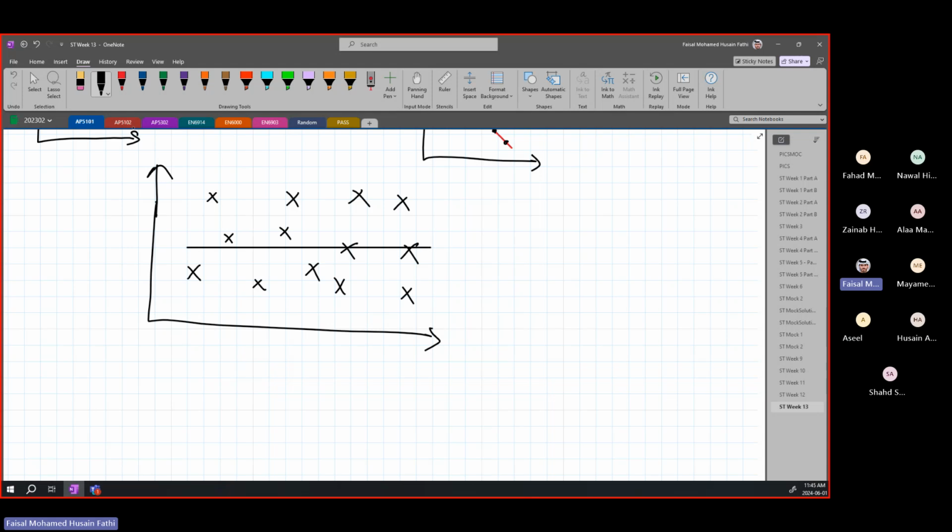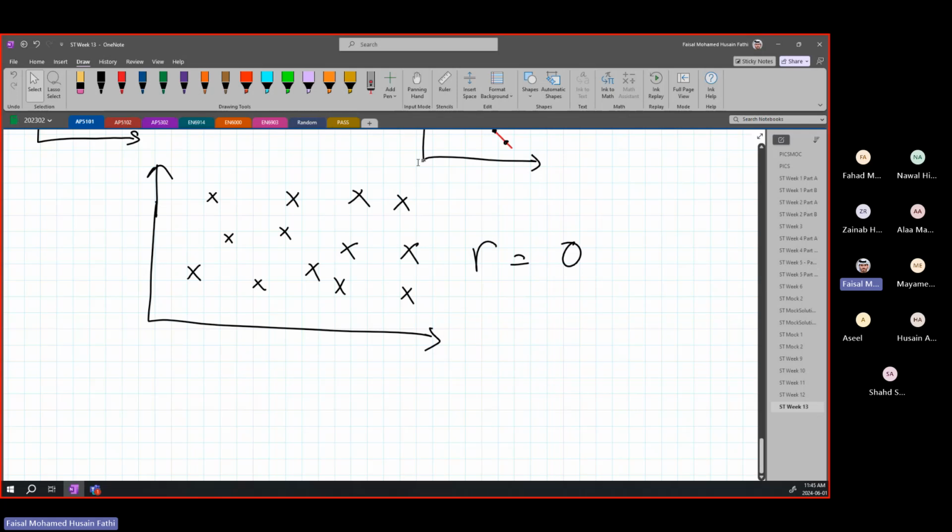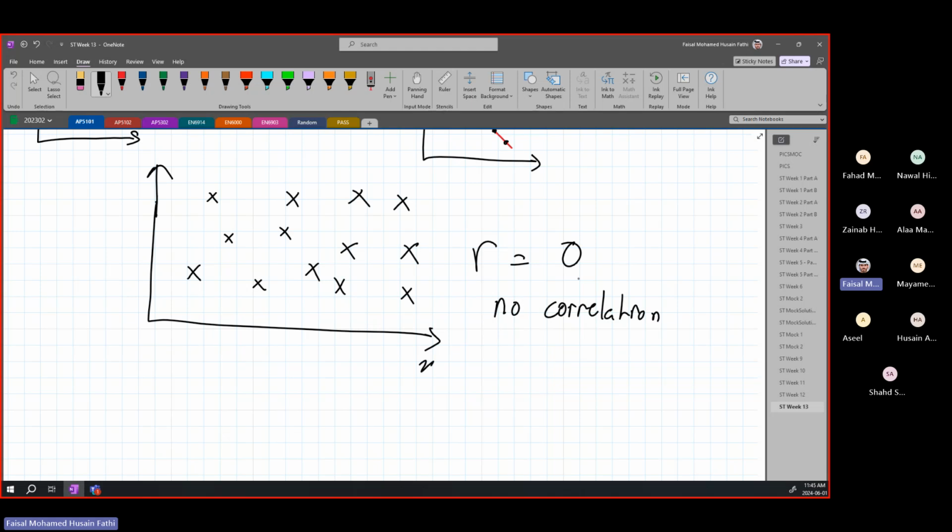This slope is 0, by the way. This is where you have your R. R here is equal to, or very close to, 0. This basically means that there is no correlation between X and Y.